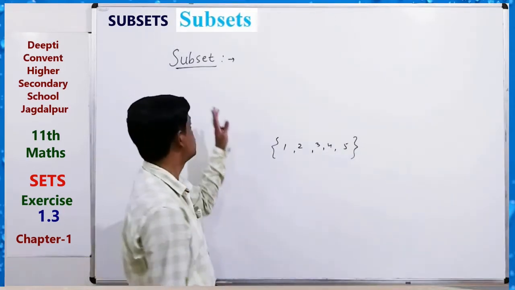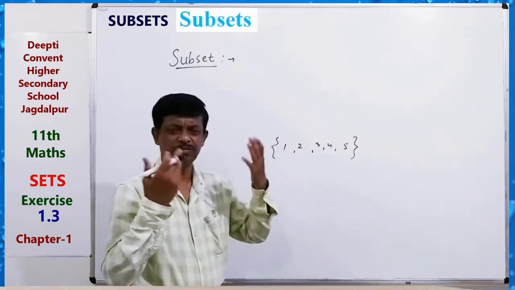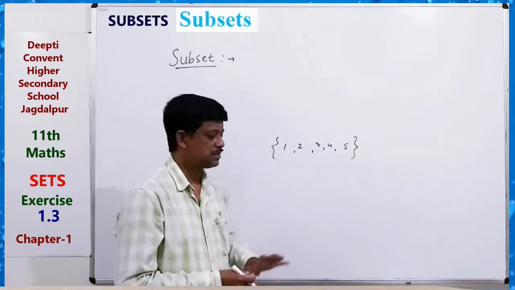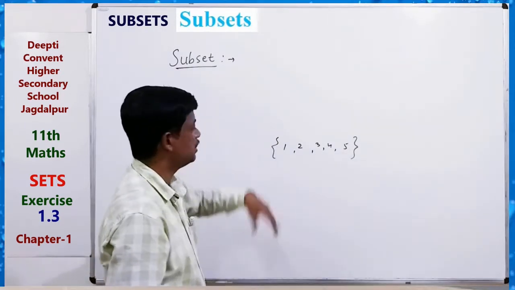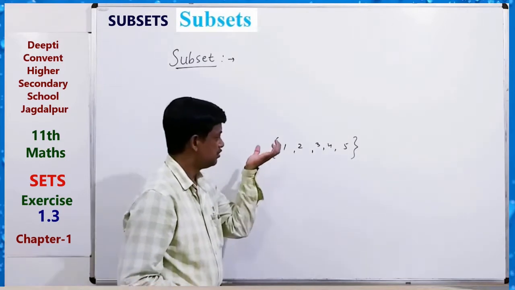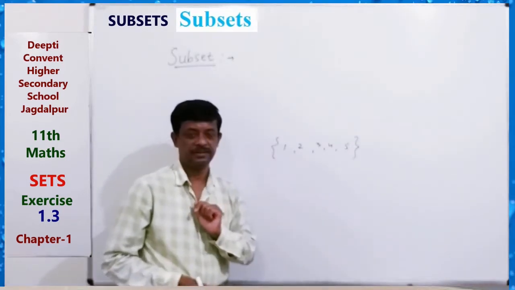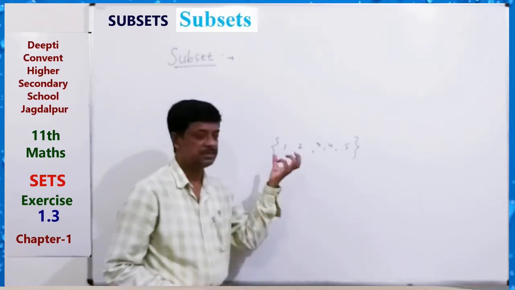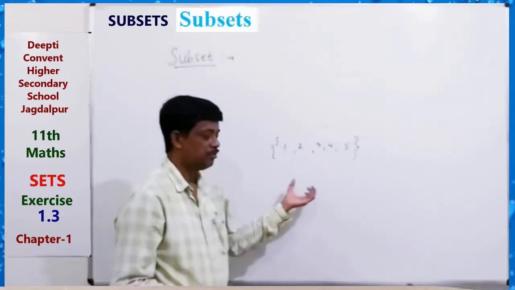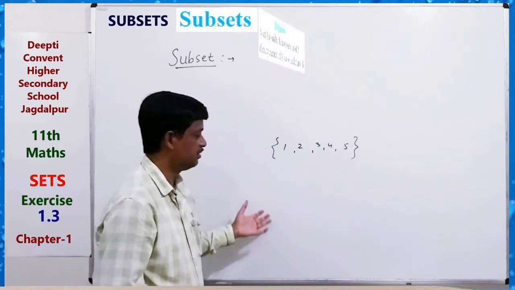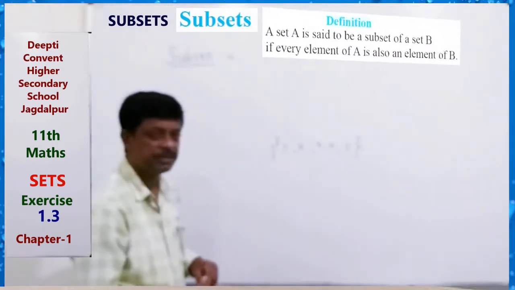This subset, from its name it is very clear that subset means some of the elements from the given set. By taking some of the elements from the given set, if we are writing a set, then that will be a subset of the given set.